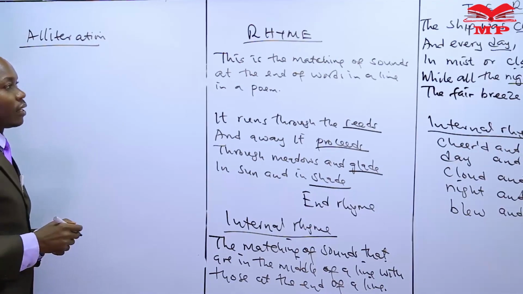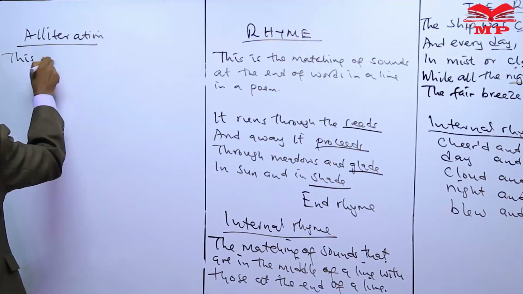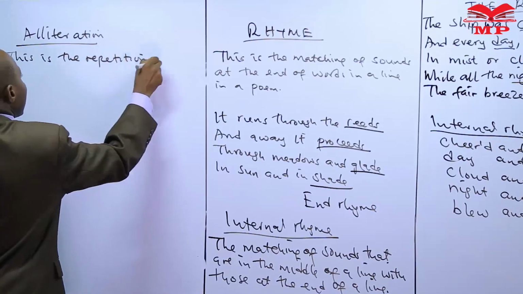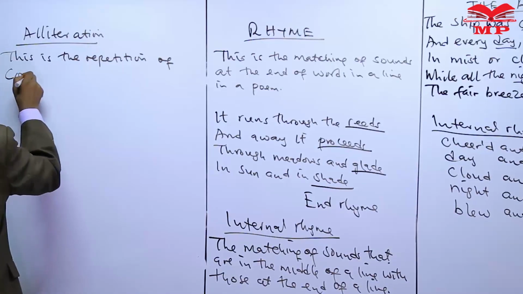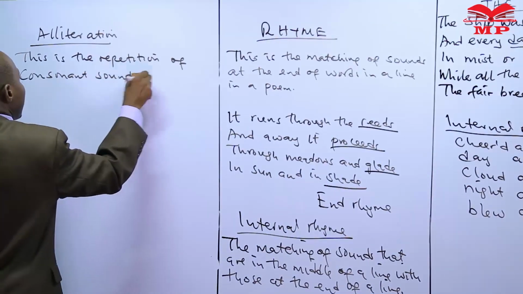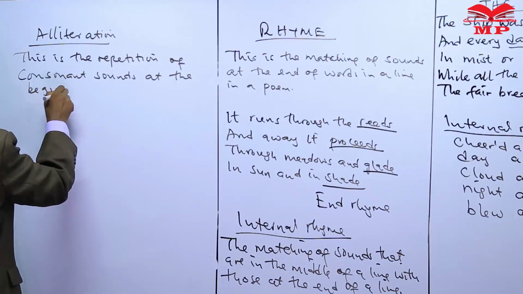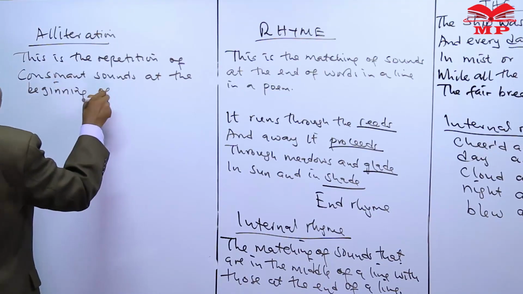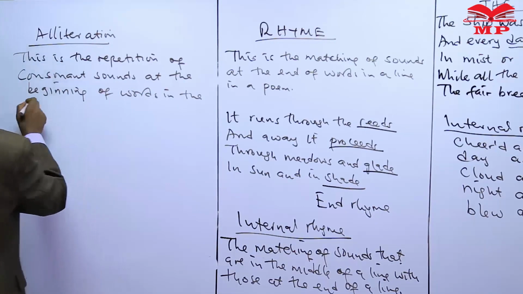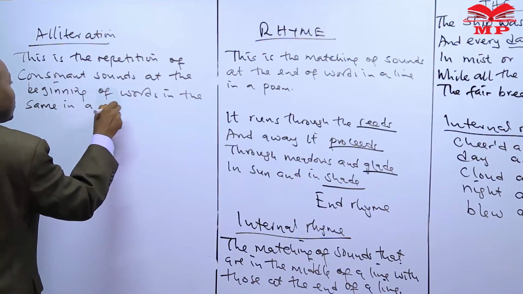Alliteration is the repetition of consonant sounds at the beginning of words in the same line in a poem.